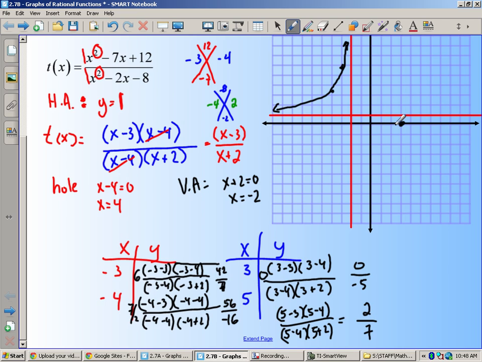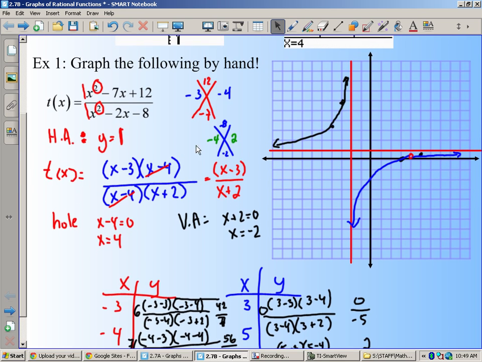I'm a little bit above, so it's somewhere right there. Remember, there's a hole in the graph here at 4, so it's in the positive. So the graph I get would go something like this. And remember that it's going to approach the vertical asymptote and the horizontal asymptote as we go to both of those values of x. So there's your sketch of the graph of this function with the hole and everything included.